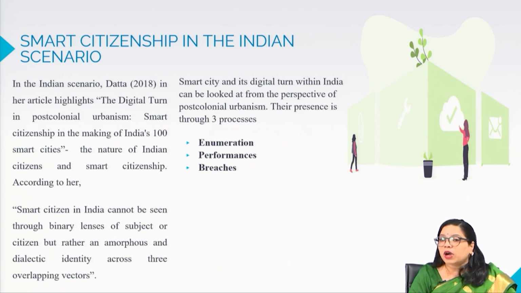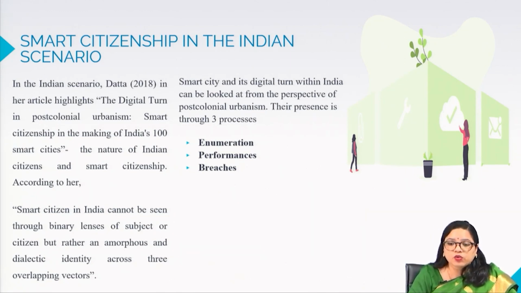According to her, the smart citizen in India cannot be seen through the binary lenses of subject or citizen, but rather as an amorphous and dialectic identity across three overlapping vectors. Smart cities and their digital turn within India can be looked at from the perspective of post-colonial urbanism.